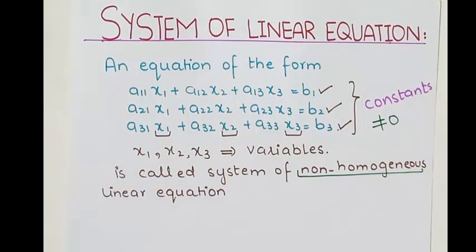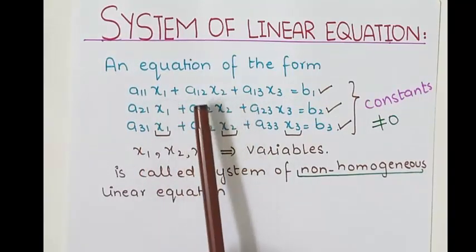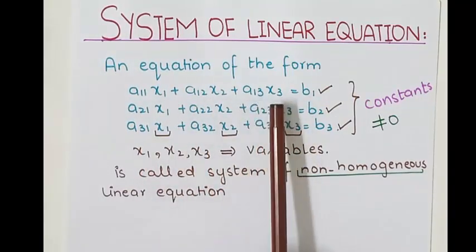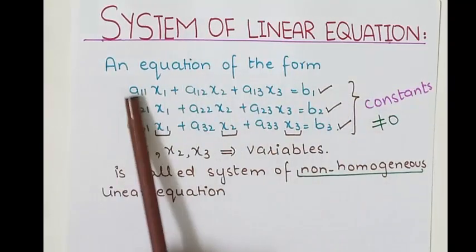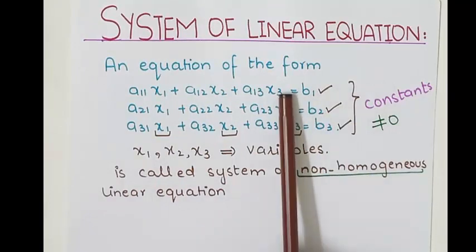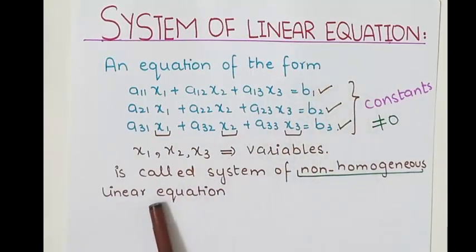If we have only one equation, a11x1 plus a12x2 plus a13x3 equals b1, then alone this equation is called an equation of non-homogeneous linear equation.